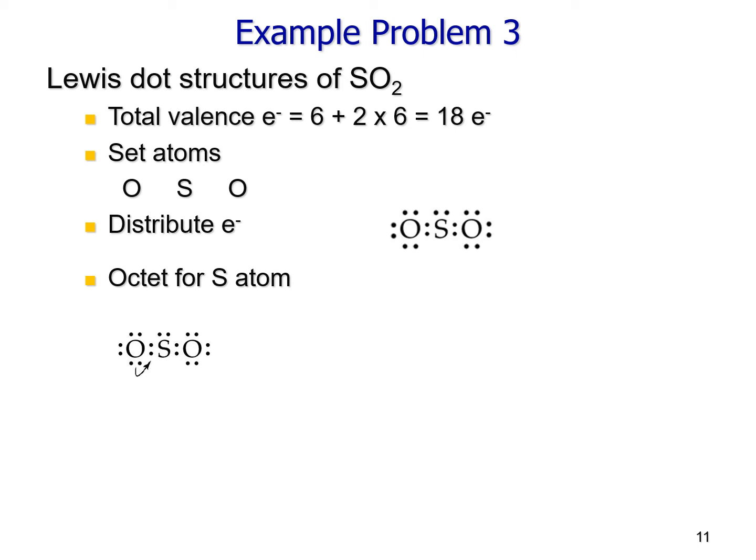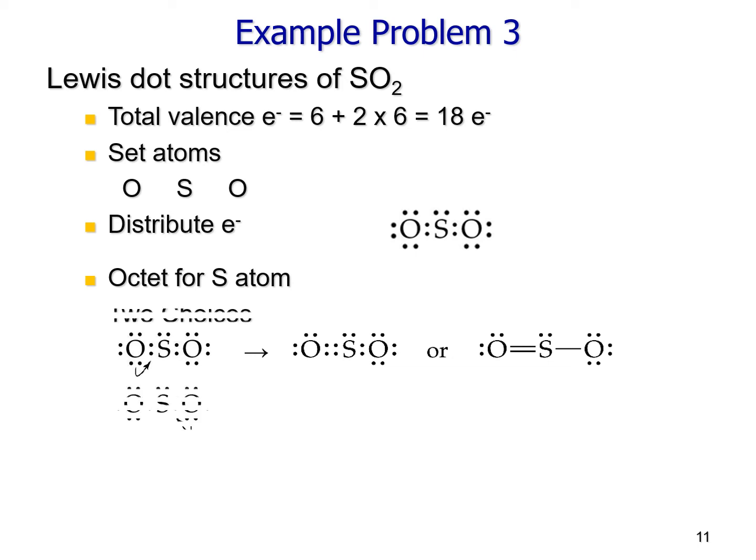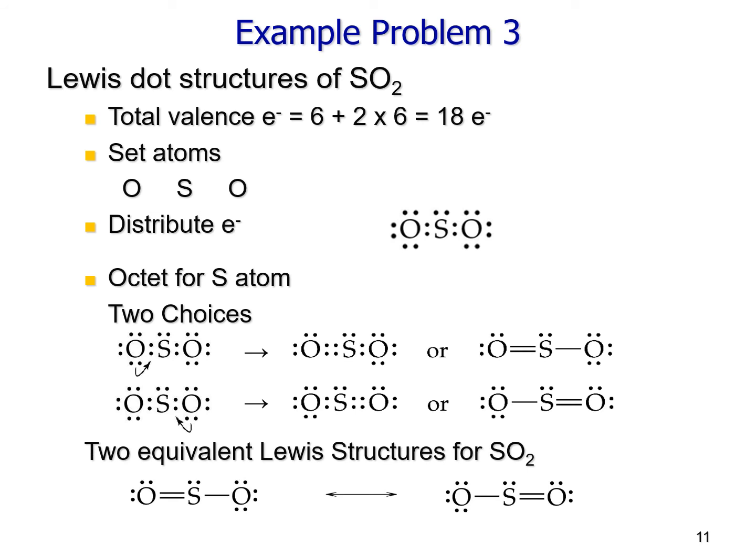From the oxygen on the left, 1 lone pair goes in, and we can have a double bond between sulfur and the oxygen on the left. The oxygen on the right can do the same, so we can have a double bond between sulfur and the oxygen on the right. Speaking of resonance, we got 2 valid Lewis structures as the resonance forms.